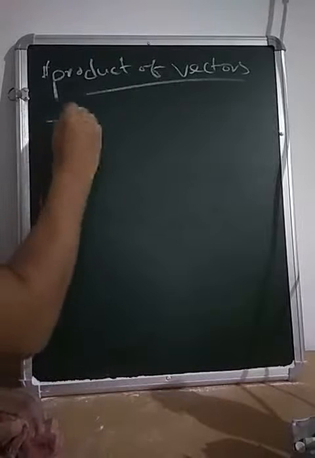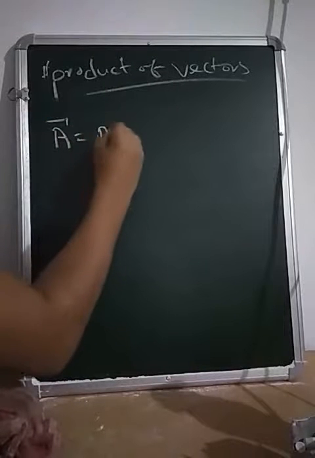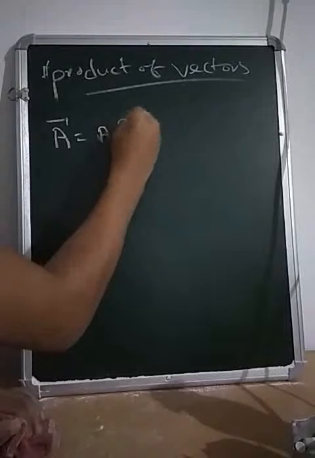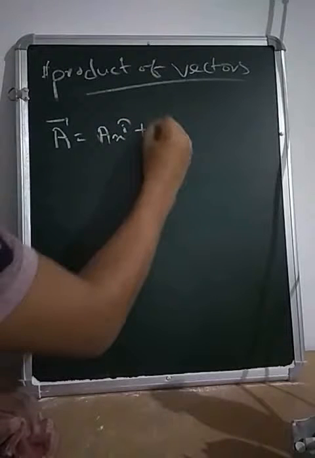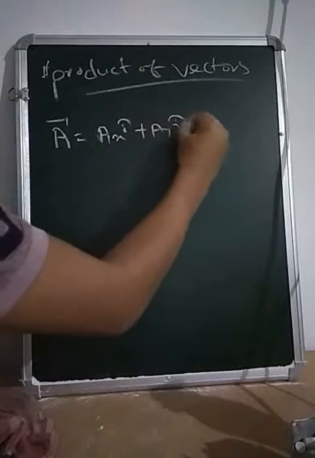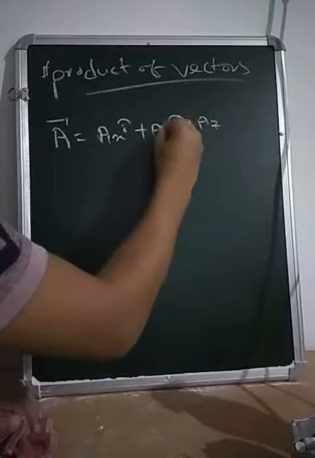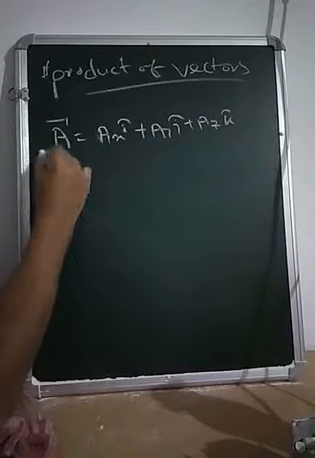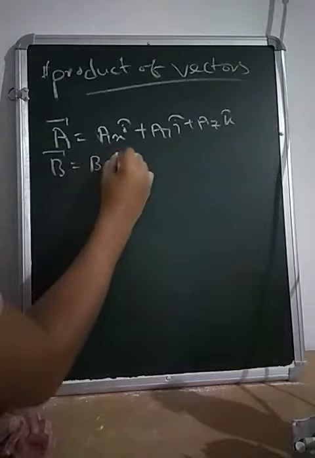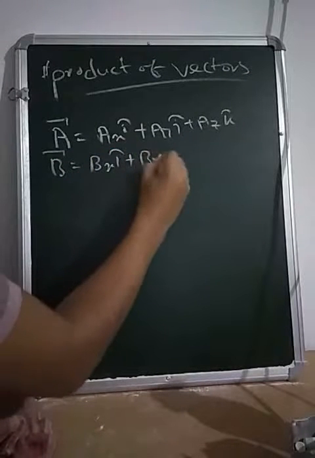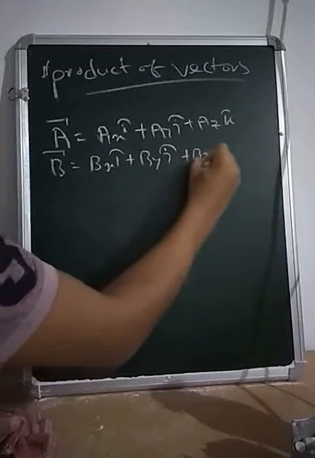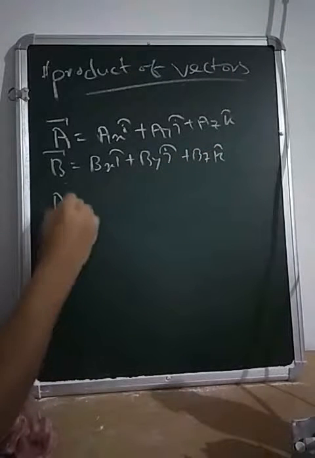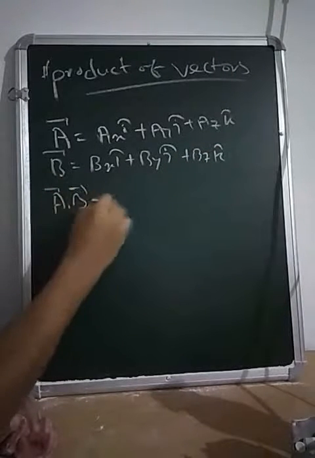Suppose there is a vector A equal to Ax i cap plus Ay j cap plus Az k cap, and another vector B is Bx i cap plus By j cap plus Bz k cap. And A dot B will be how much?